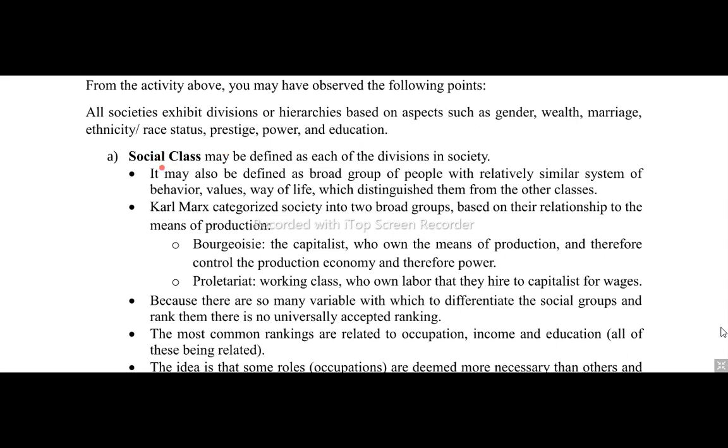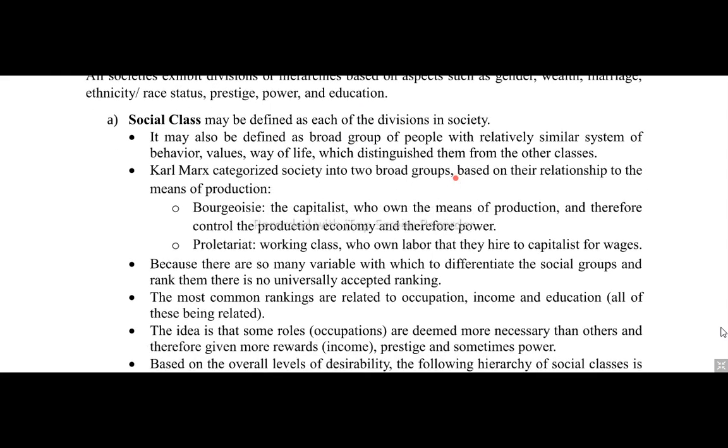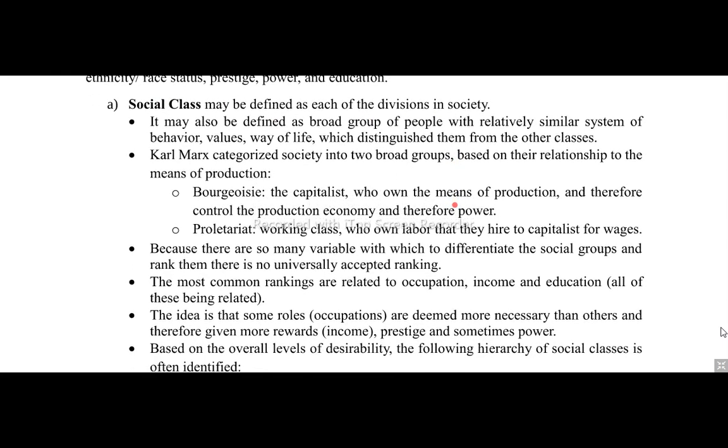Now, when we talk of social class, it may be defined as each of the divisions in society.